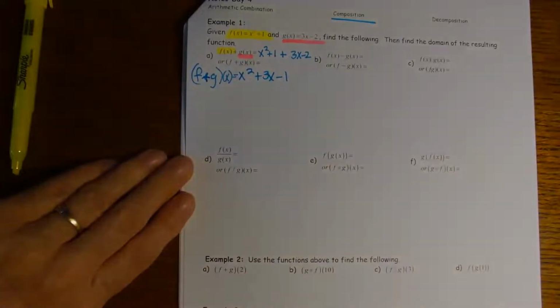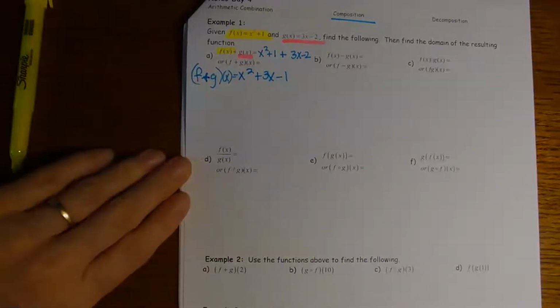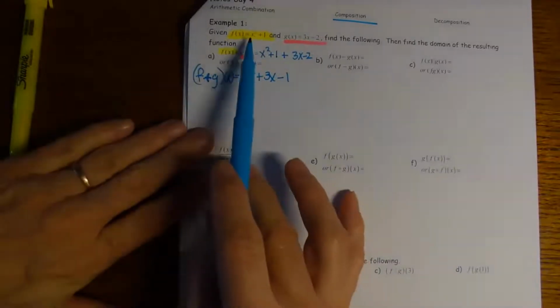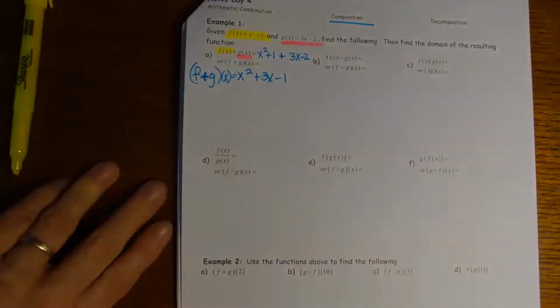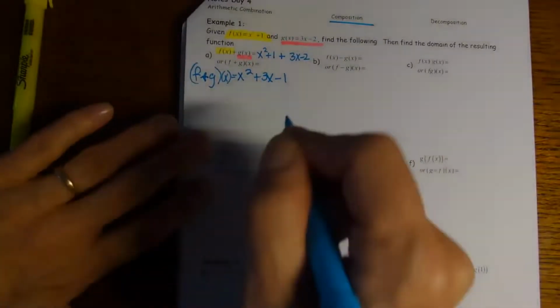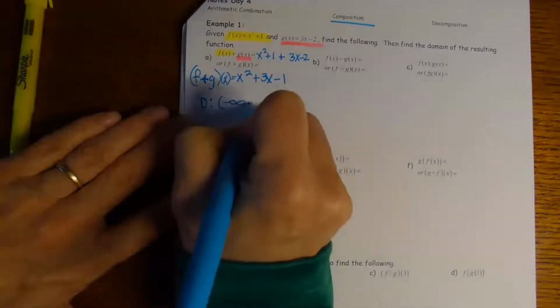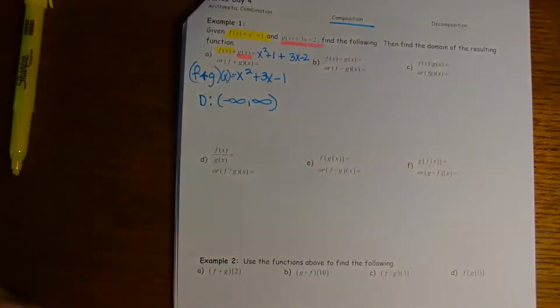If either of the originals have restrictions, then those restrictions also apply to this one. Now, that's a parabola, that's a line, so there are no restrictions. And when would we see domain restrictions? If we had a variable in the bottom or a negative square root, right?